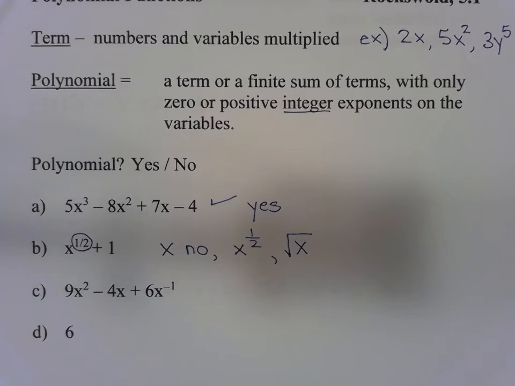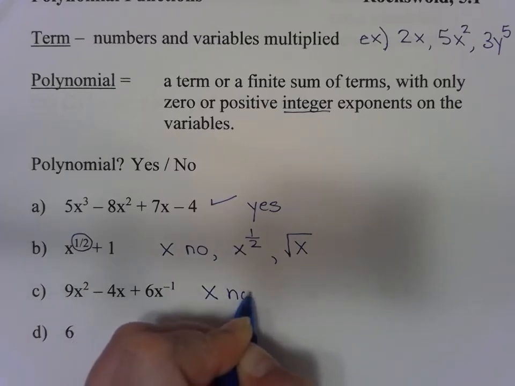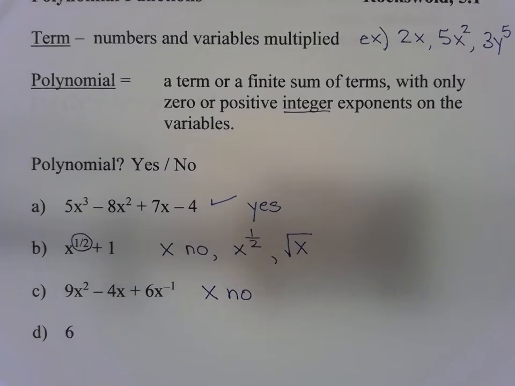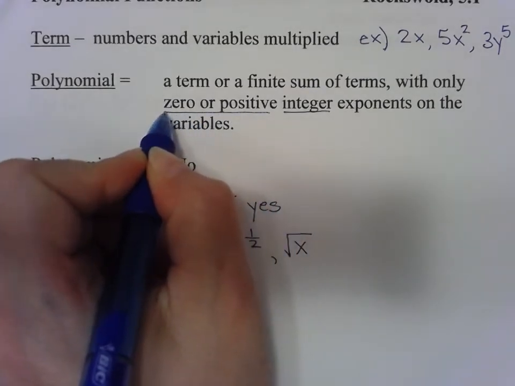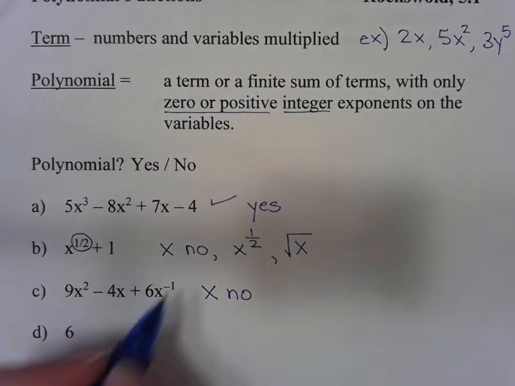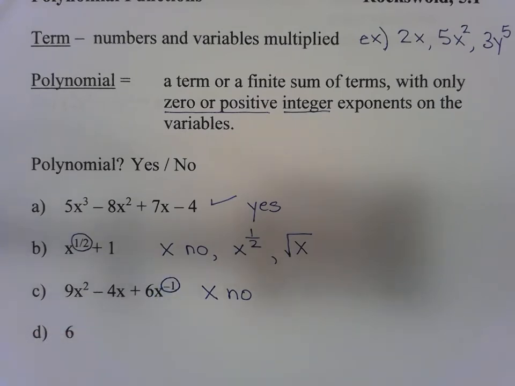Okay, what about C? C is also a no. Can you spot the problem? The exponents on the variables have to be positive, or they could be 0, but they cannot be negative. And so that's a problem here.